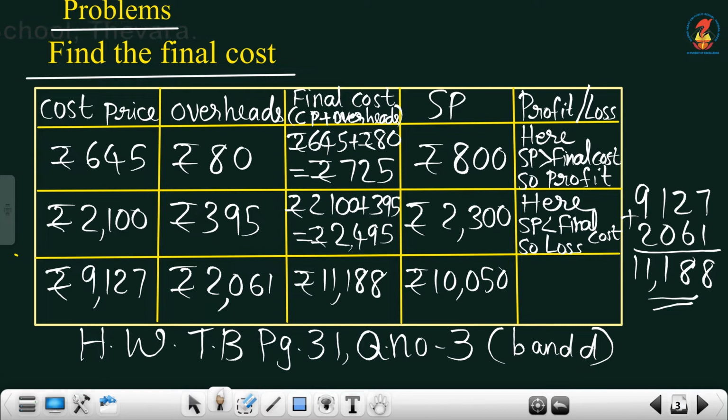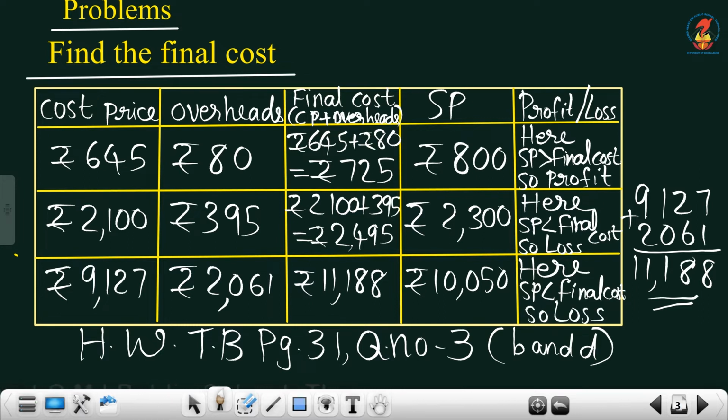The selling price is 10,050 only. That means which one is higher? The final cost is higher, and he got a lower selling price. Then this person got what? Loss. Here also SP is less than final cost. So loss.